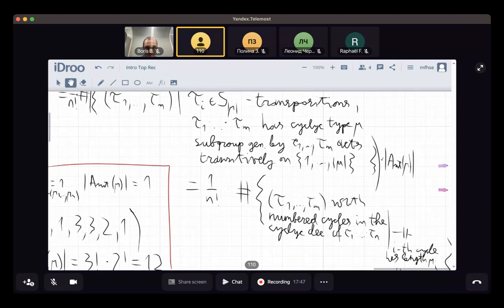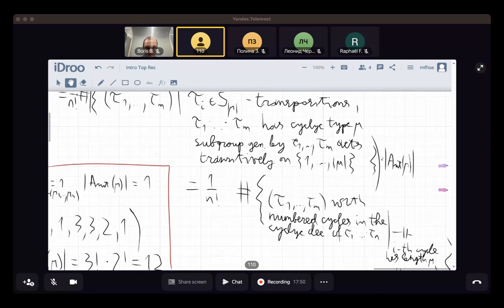We take our m transpositions, we look at the product. It has some cyclic type, and we introduce some ordering on the cycles. I mean, if you have the cyclic decomposition, canonically it's not ordered, right? There is no natural order on the cycles in the cyclic decomposition of a permutation. But we introduce some order.